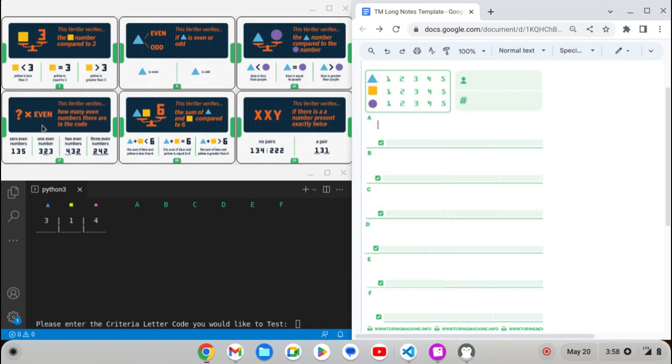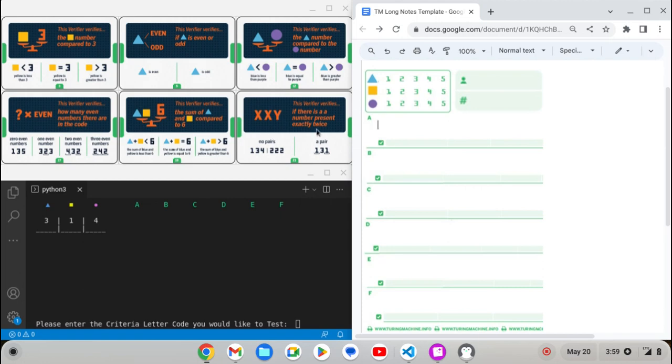In the second row, criteria card D will let us know how many even digits there are in our code. Should there be no evens? Should there be 1, 2, or potentially all of them be even? Criteria card E will take the sum of the first 2 digits, the triangle and the square, and compare the sum to the number 6. Should the sum be less than 6, equal to 6, or greater than 6?